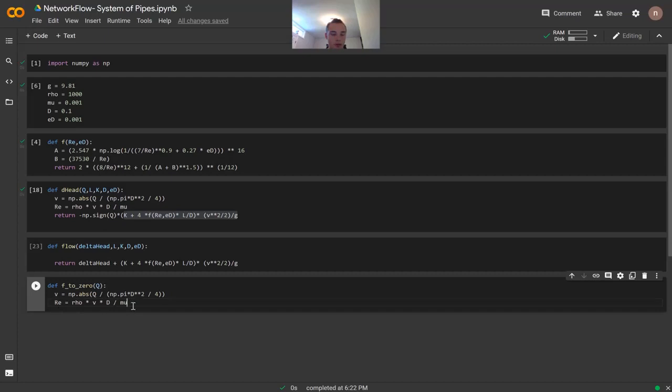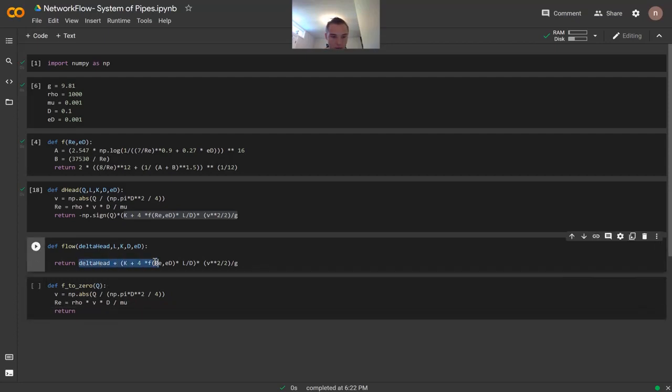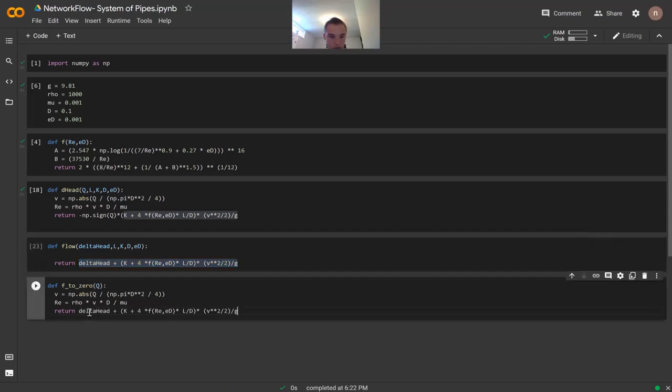We're going to need to recalculate our V as well as our Reynolds number. And yes, we have our absolute value there as well, just making sure. Then we can return our delta head plus our K plus 4, since this will be calculating through our flow. So we can return that, and we can get rid of this.